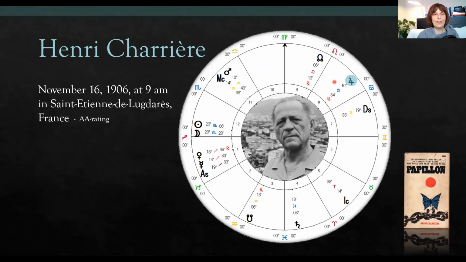And with this freedom-loving, restless, and exalted Jupiter in Cancer in Henri's chart, we can expect a certain amount of rebelliousness that comes from a deep emotional state caused by the loss of his mother, which probably sparked a lot of unbearable feelings and sensations.